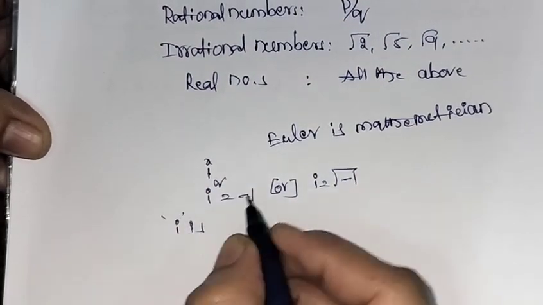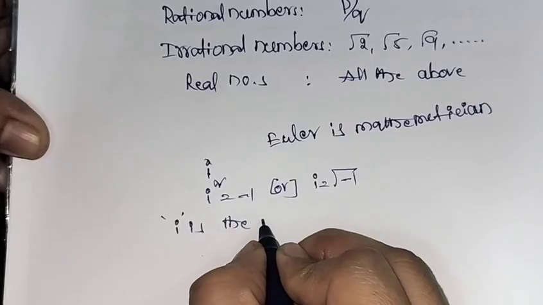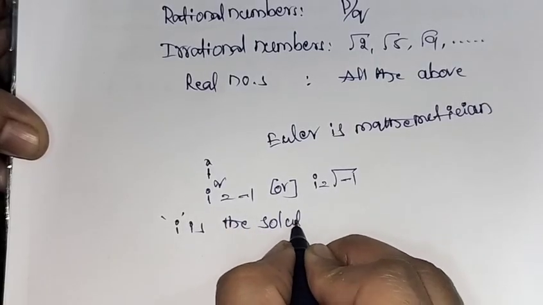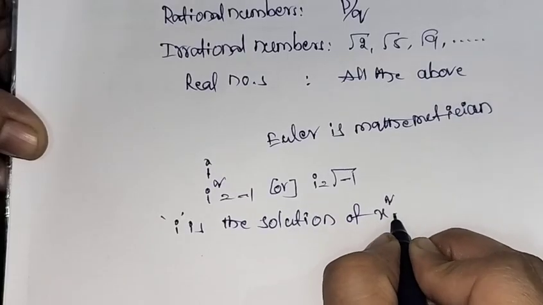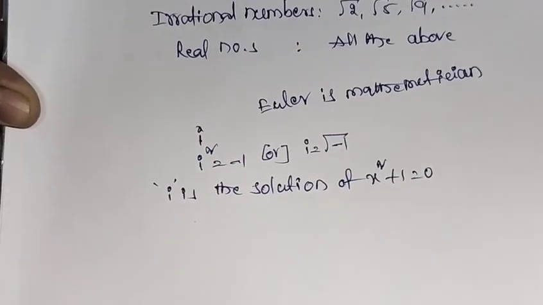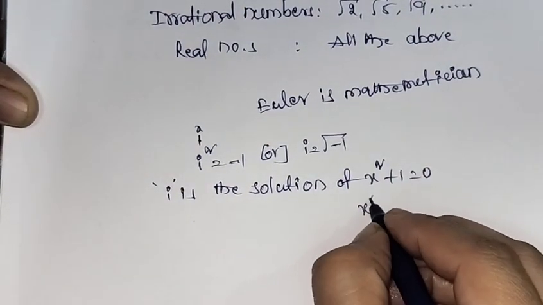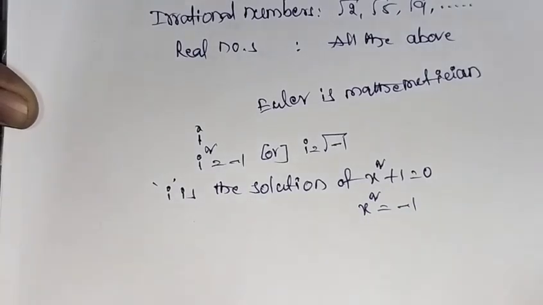i is the solution of x square plus 1 is equal to 0, then x square is equal to minus 1.